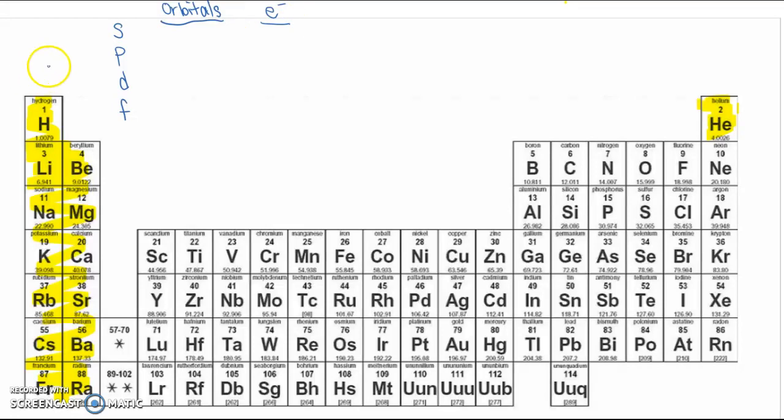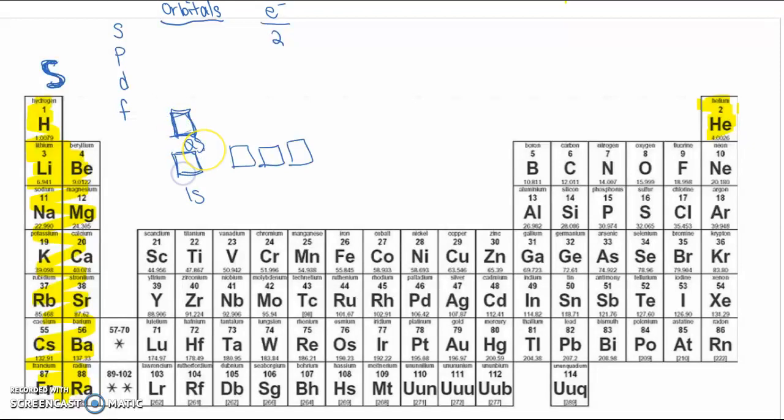So remember, this is the S. It can hold 2 electrons. All right, so how many orbitals was it? If you think back to the gizmo, that's just how many boxes there were. Remember, all S, whether it was 1S or 2S, always just had 1 box.